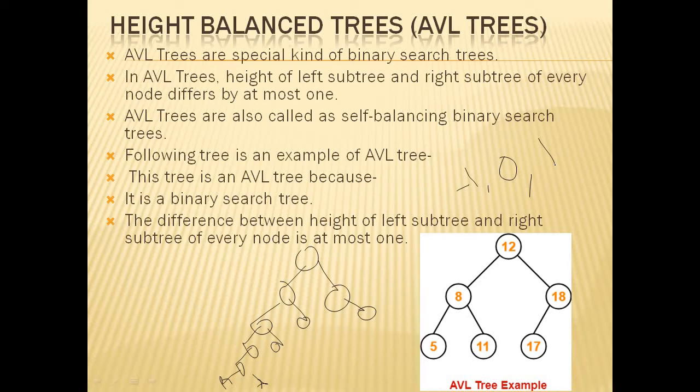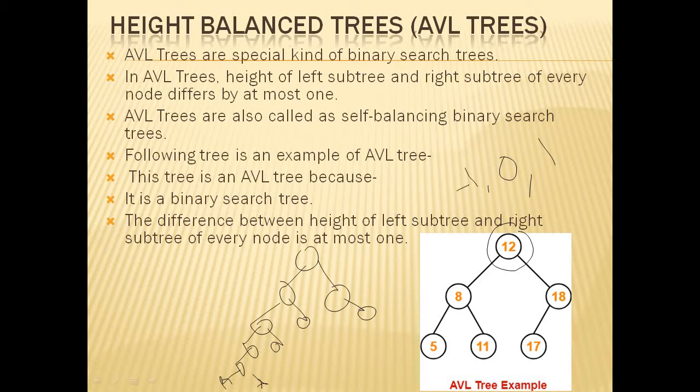How are we going to calculate the balancing factor? When you consider any node, the height of the left child minus the height of the right child is calculated as the balancing factor.